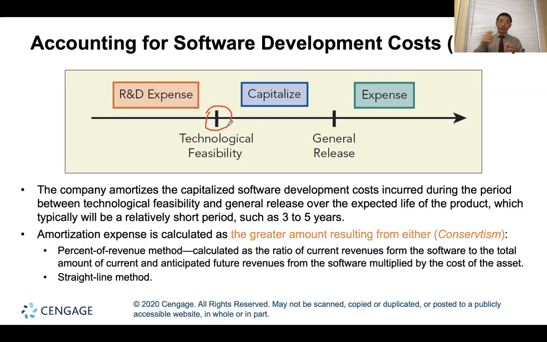So usually management wants to capitalize this kind of spending and make the expense smoother. But the GAAP requirement is about the technological feasibility test.